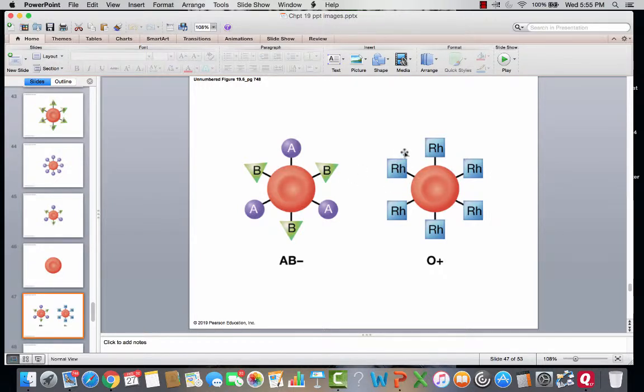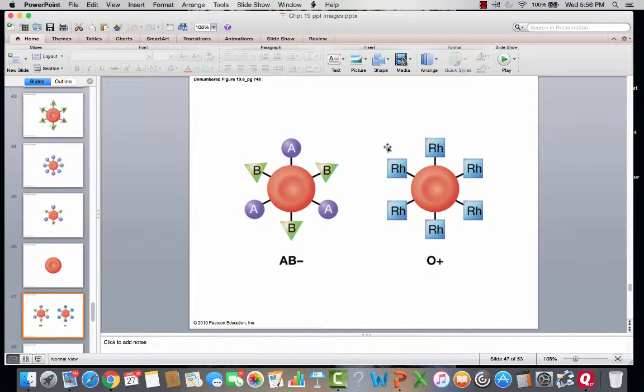The other antigen with respect to blood typing that's very important for us to determine whether we have or not is an antigen called the Rh antigen. Another name for the Rh antigen is the D antigen.